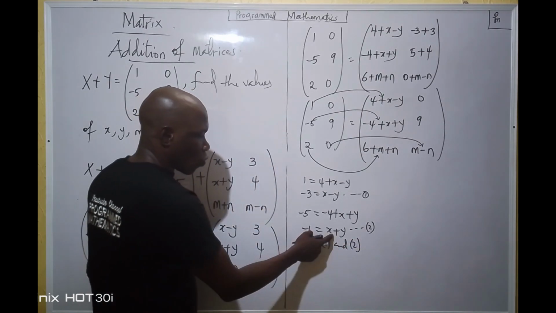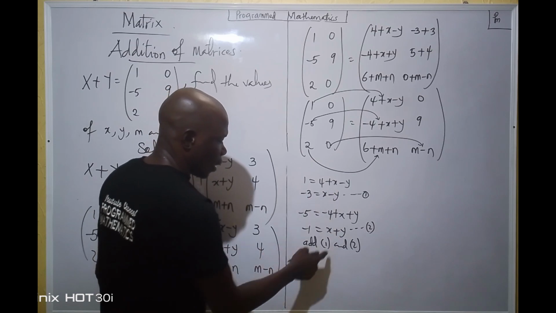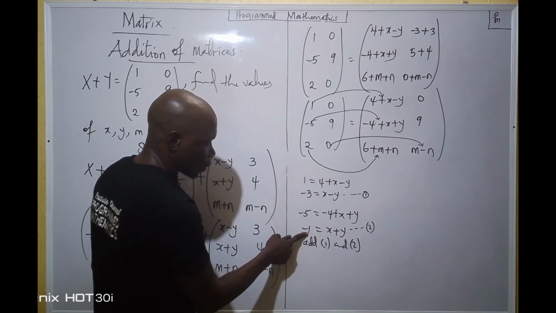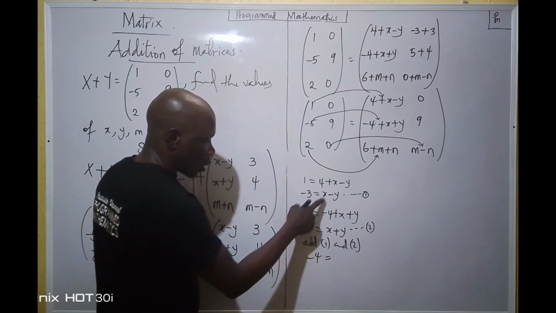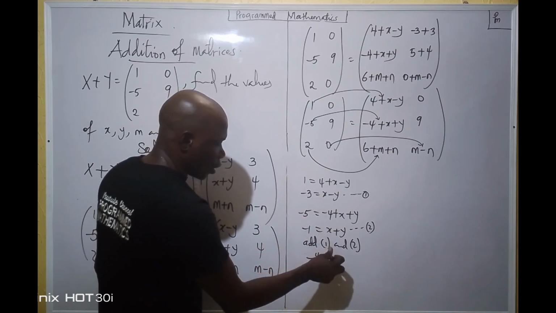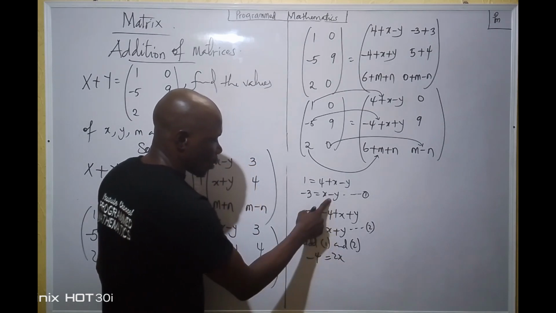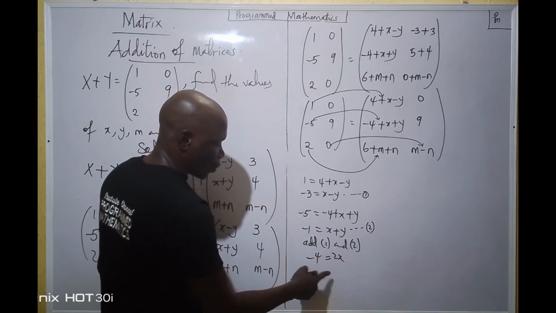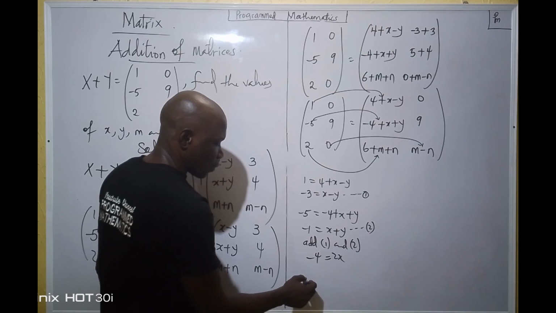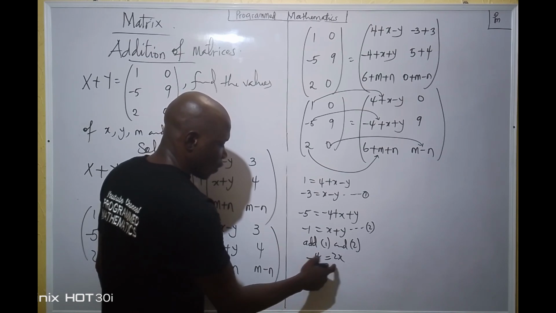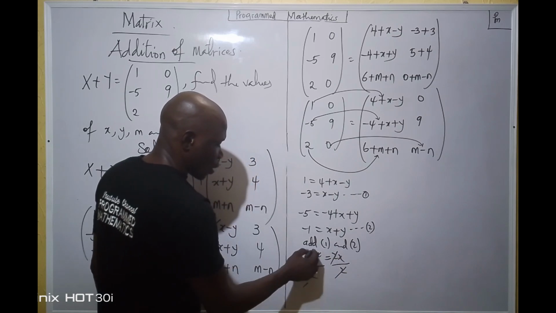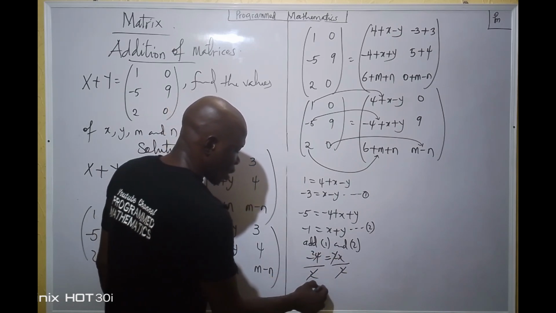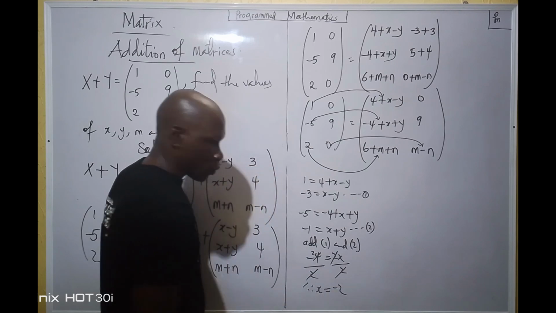Minus 3 plus minus 1 will give minus 4. X plus x will give 2x. Minus y plus y is 0. So minus 4 is equal to 2x. And that means we divide both sides by 2, giving us x equals minus 2.